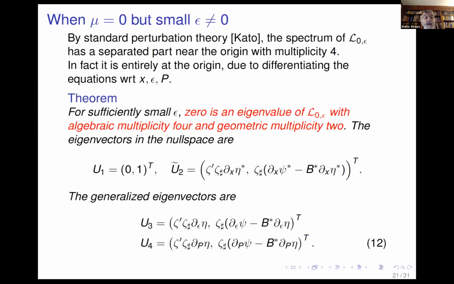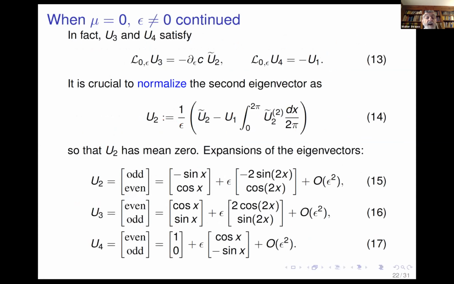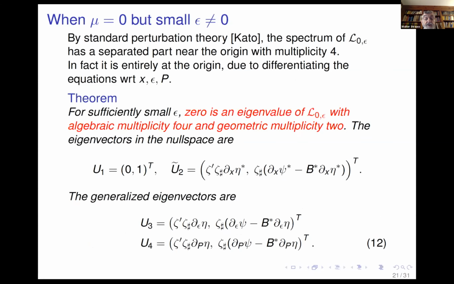And now we take mu equals 0, but epsilon not 0. And when epsilon is not 0, we still have 0 as a multiplicity 4 eigenvalue. We use explicitly the 4 eigenvectors in the null space. The first 2 are actually in the null space.